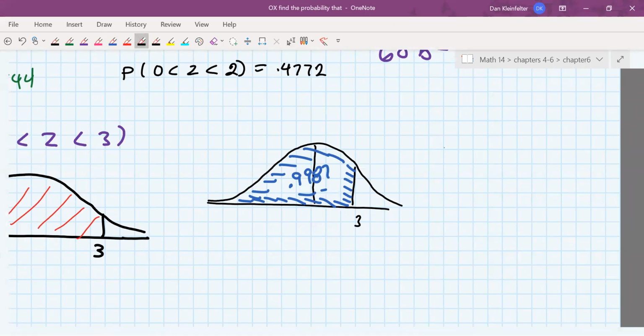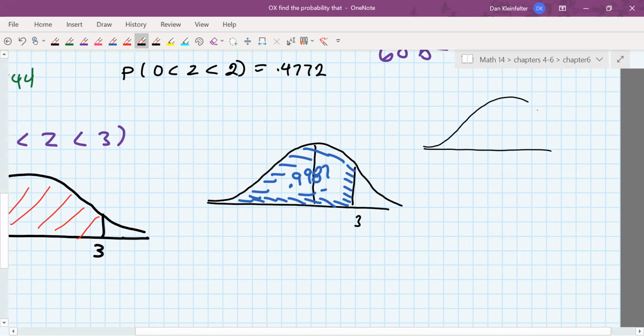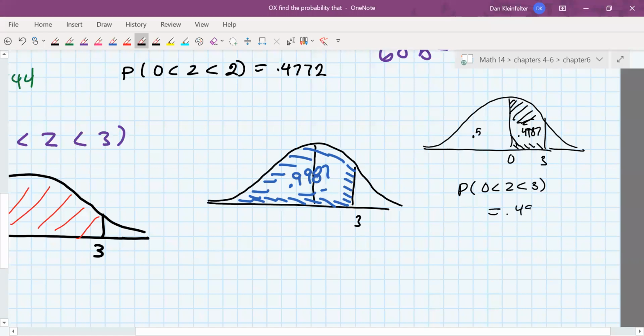So then the area from the center line to 3, well, if 0.5 of it is from -infinity to 0, then 0.4987 should be between 0 and 3. So the probability that z will be between 0 and 3 is 0.4987.